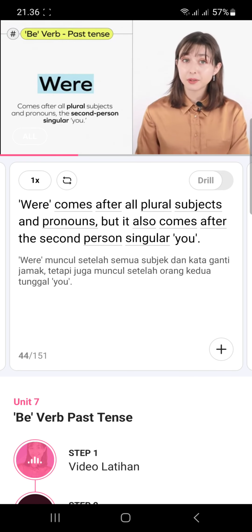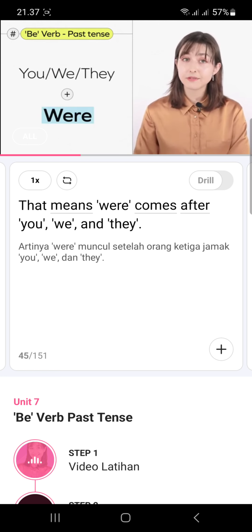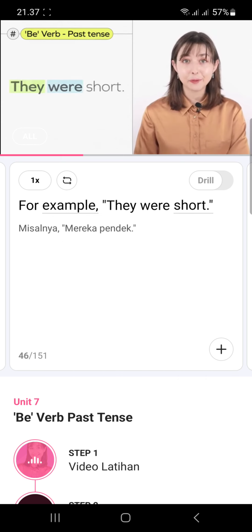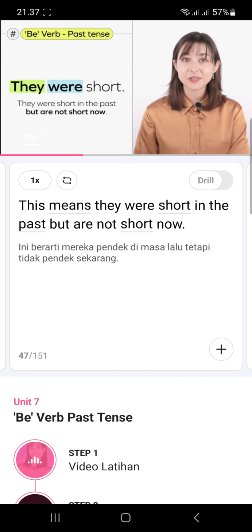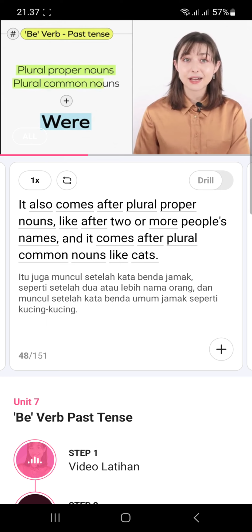Were comes after all plural subjects and pronouns, but it also comes after the second person singular you. That means were comes after you, we, and they. For example, they were short. This means they were short in the past, but are not short now. It also comes after plural proper nouns, like two or more people's names, and it comes after plural common nouns, like cats.